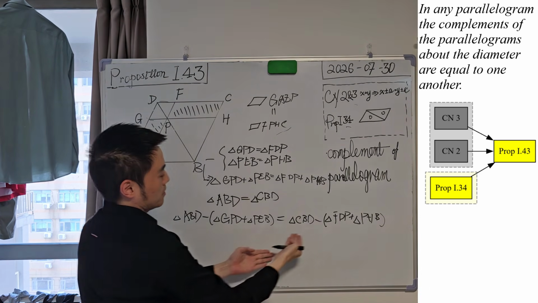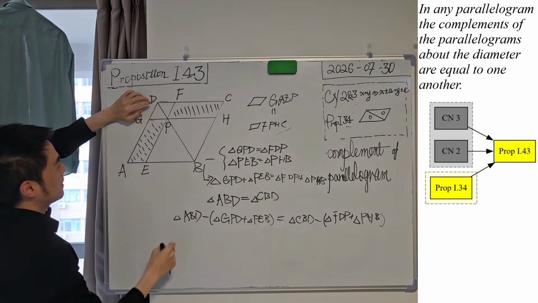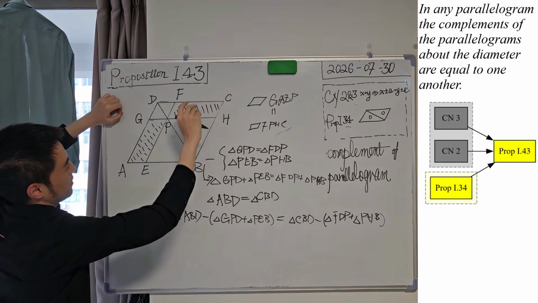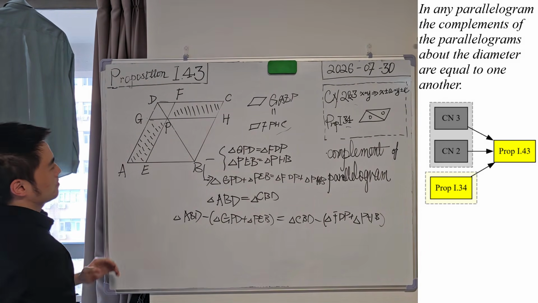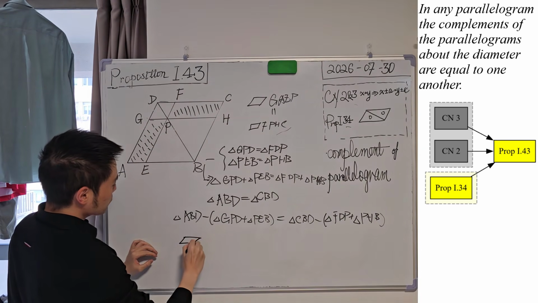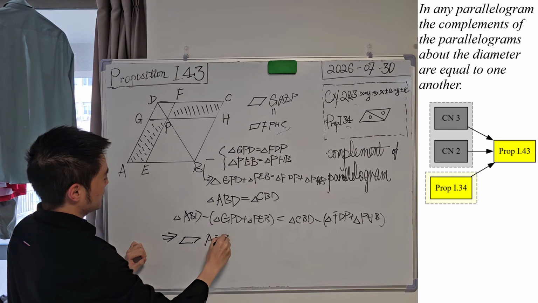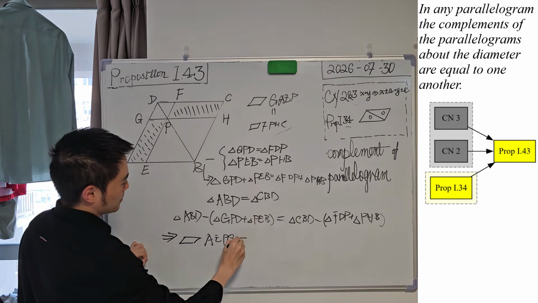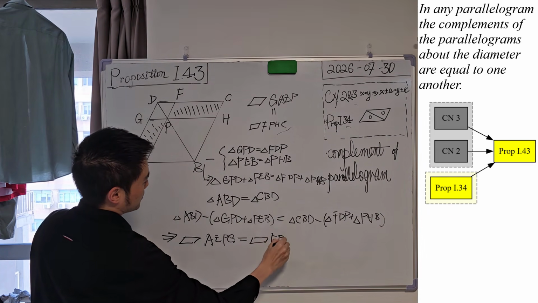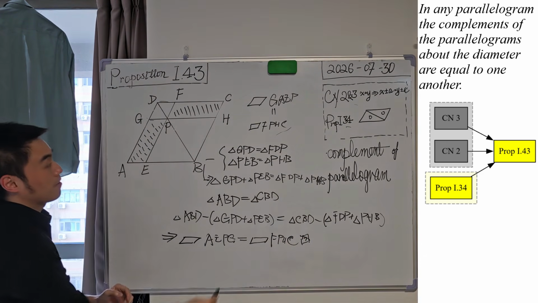So this equality also holds, which means the big triangle minus two small triangles is equal to this big triangle minus these two triangles, which means these two shaded areas are equal. So we have AEPG, this complement, equal to the other complement FPHC, and this is the end of our proof.